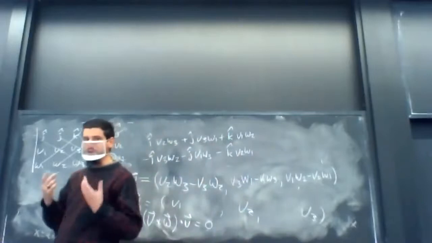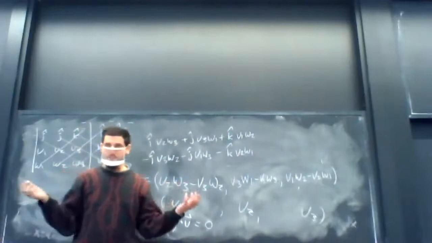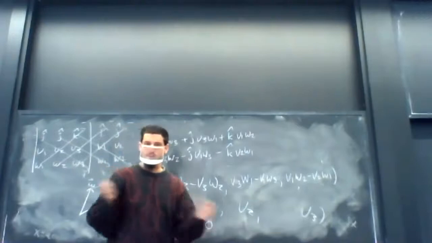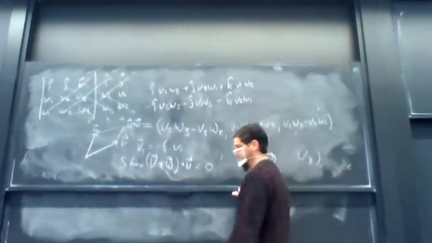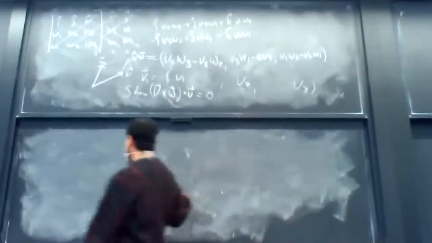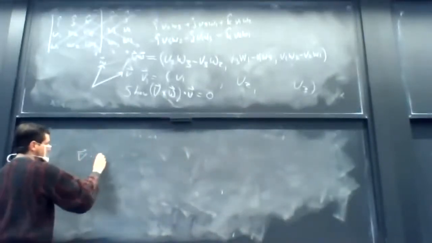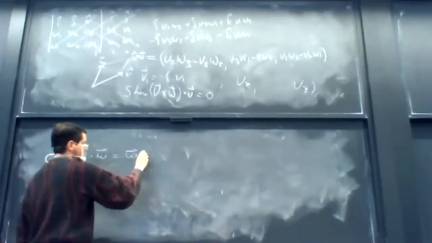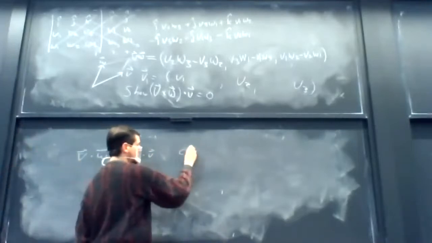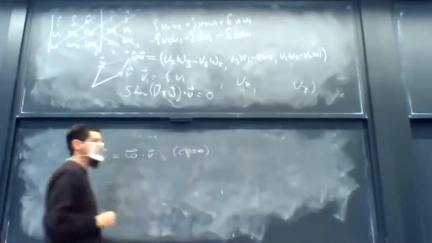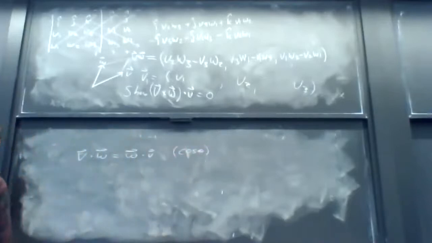If you think about what's going on at a more fundamental level, the dot product, can I switch the order of the vectors without the dot product changing? So is V dot W equal to W dot V? Yes. And what's really going on is the dot product involves cosine of theta.